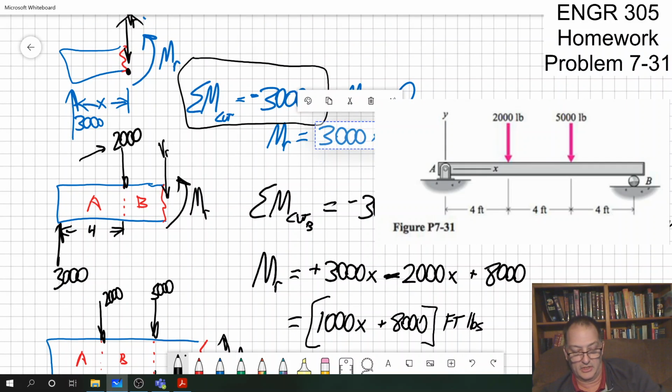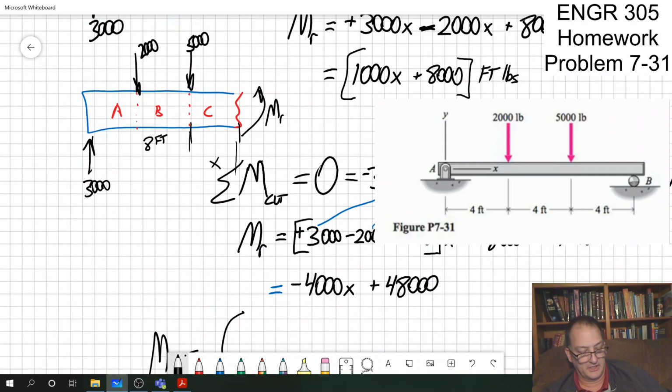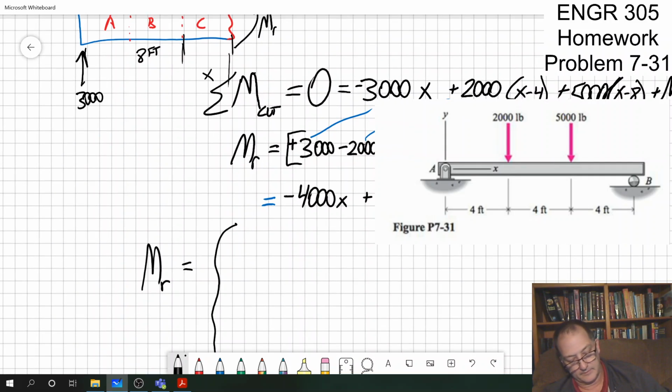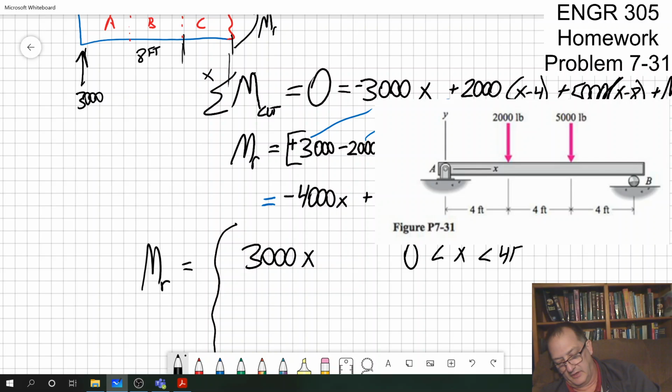For the first section, it's this one here, 0 ≤ x ≤ 4. Here's the first equation, 3,000x, and that's for 0 to 4 feet.